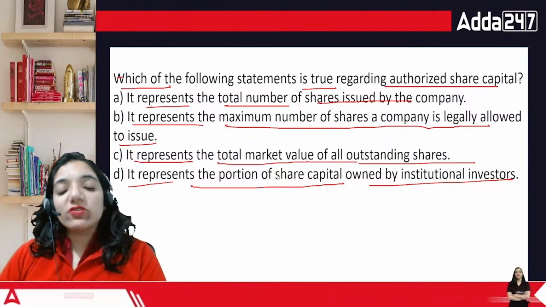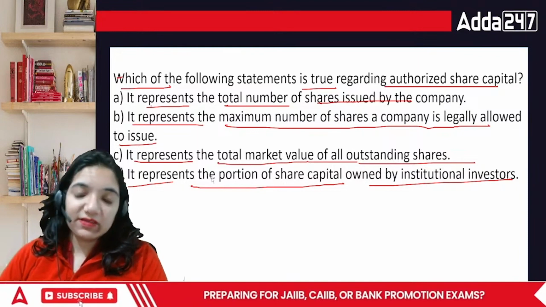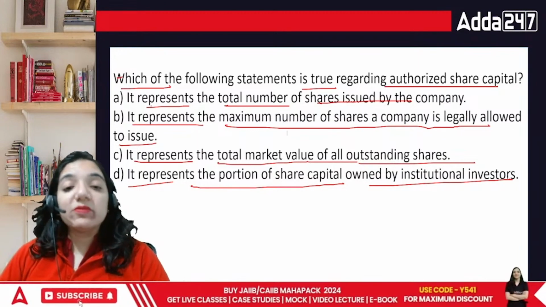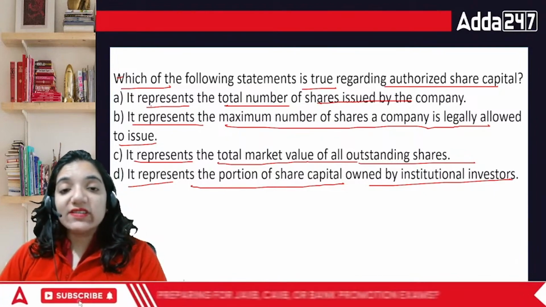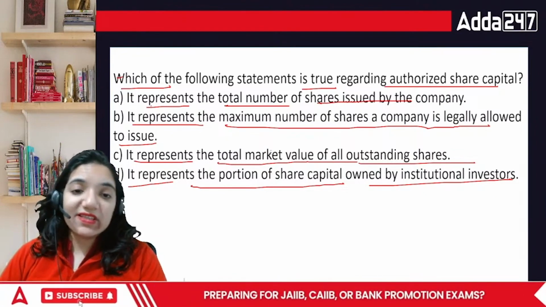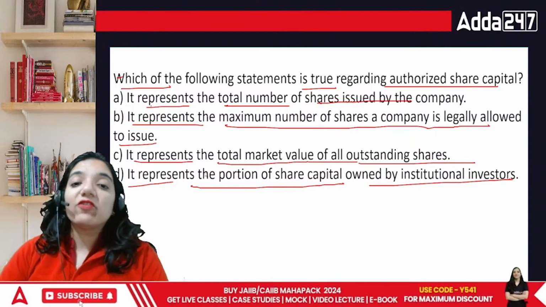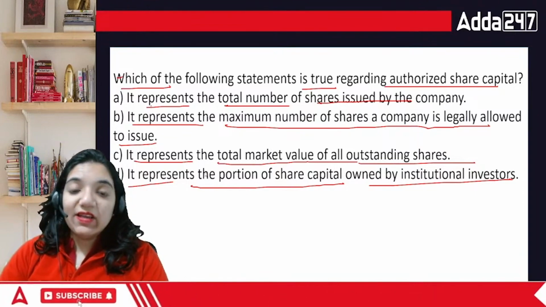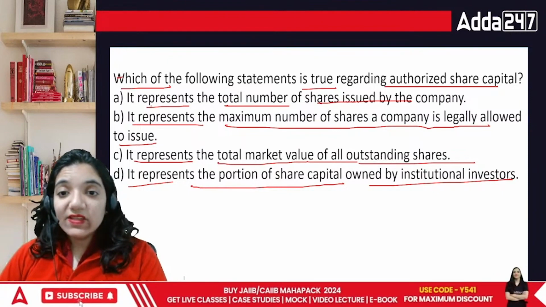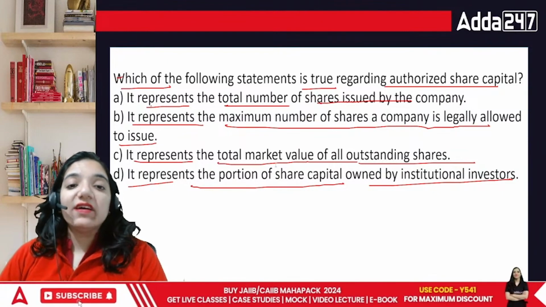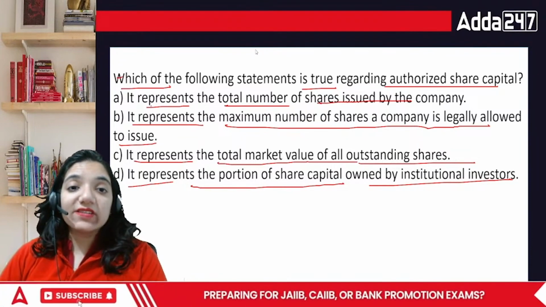Authorized basically simply means the one for which we have taken permission. In this case, authorized is that part for which we have taken permission from the ROC to raise this much amount of money. That is why we call it authorized. The other names for authorized share capital are registered capital, also called nominal capital.